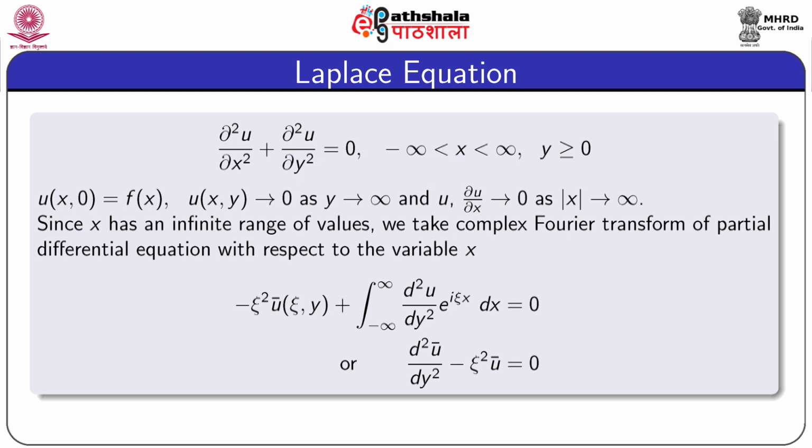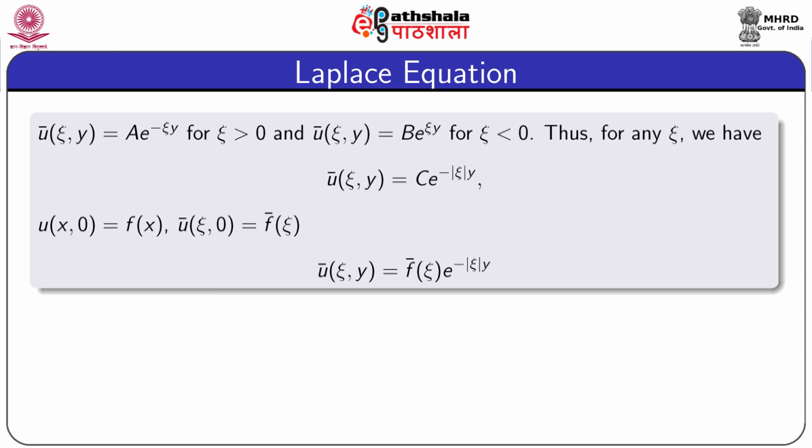So, this is an ordinary second order differential equation in u bar and the solution of this equation can be written easily. It is a into e to the power xi y plus b into e to the power minus xi y, where a and b are arbitrary constants.